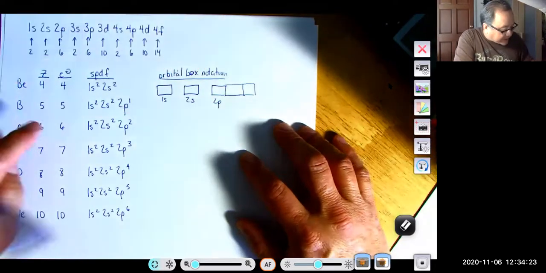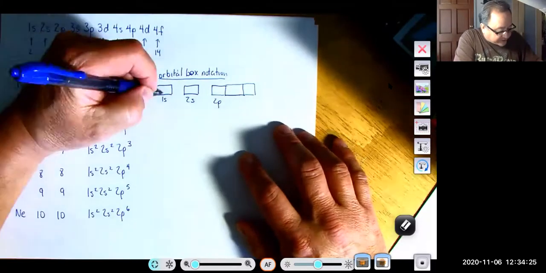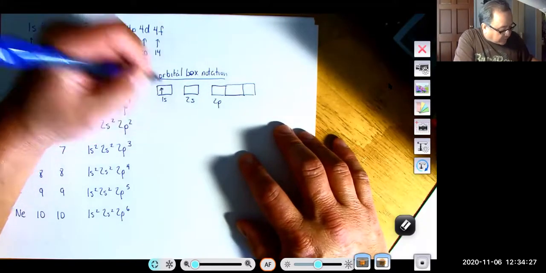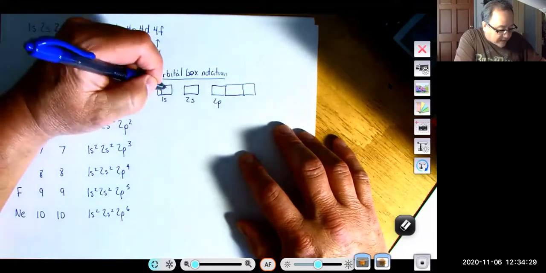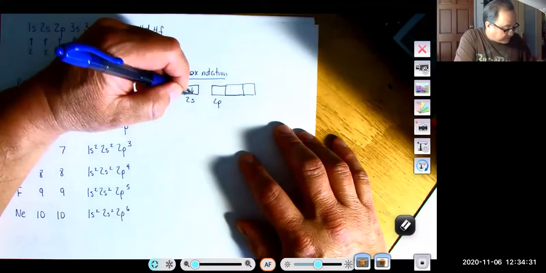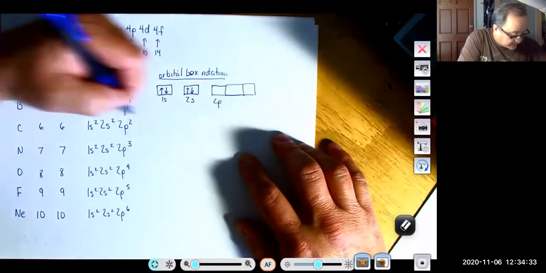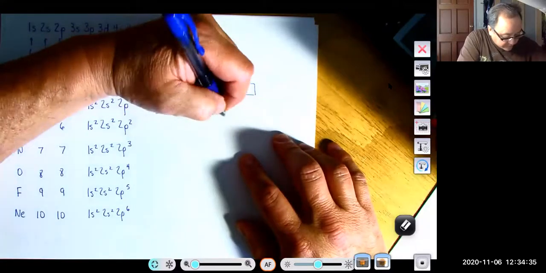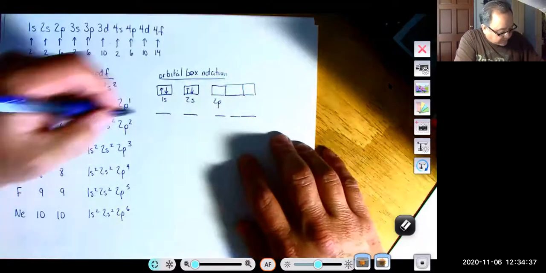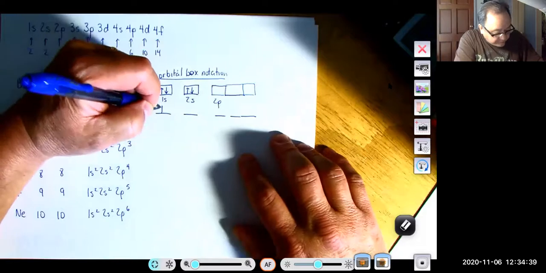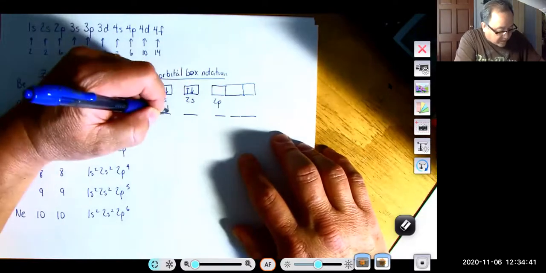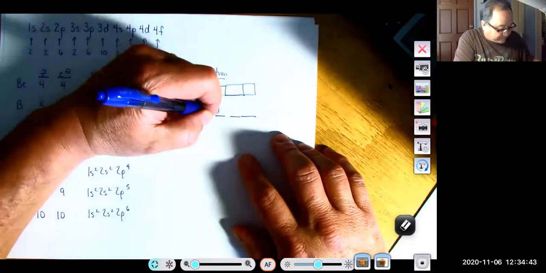So when we put the electrons in, we do this. For beryllium, 1 up, 1 down, 1 up, 1 down. Now for boron, we do this: 1 up, 1 down, 1 up, 1 down, 1 up.